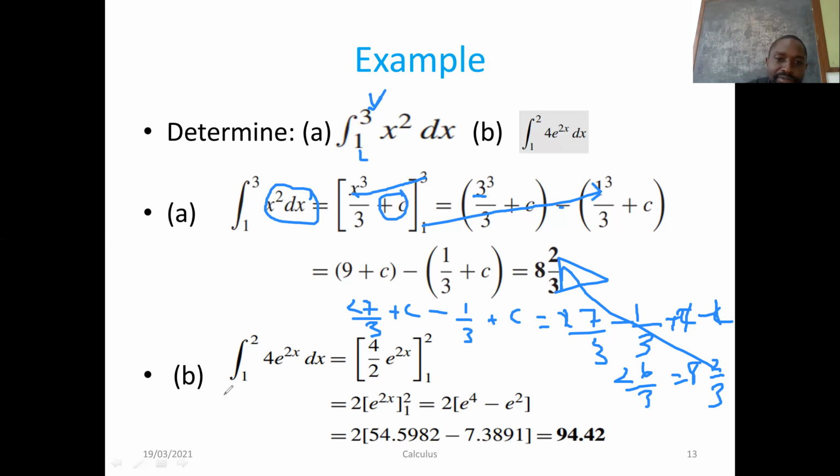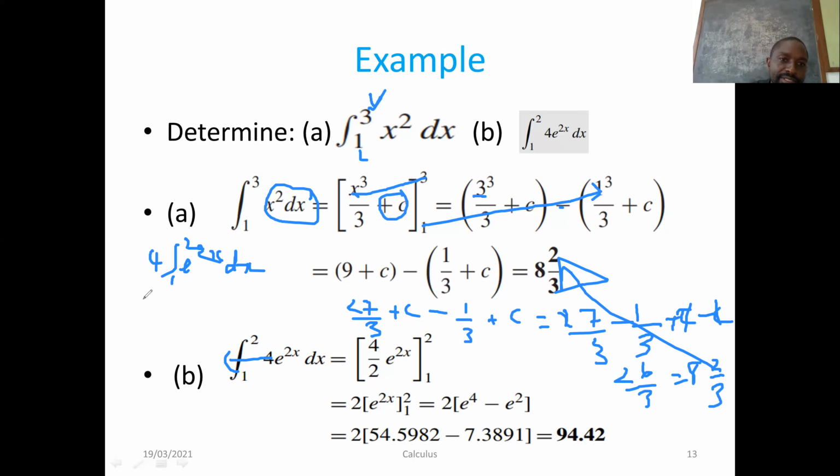The next example is where you have integrating from 1 to 2 for 4 exponent 2x dx. Again, you can take first of all the 4 outside. So you're going to have 4 integral e 2x dx from 1 to 2.